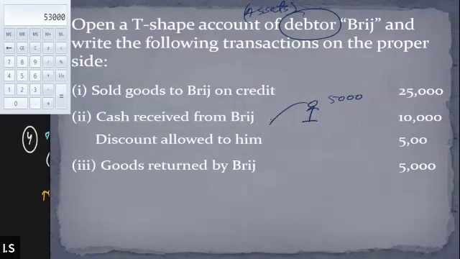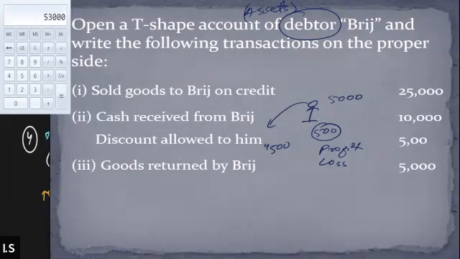At the time of the payment, we have accepted 4,500 from him and given a discount of rupees 500 to him, right? So the discount allowed to him is a profit for the debtor and a loss for us, and obviously since it is a profit, it is going to reduce the amount of debtor.